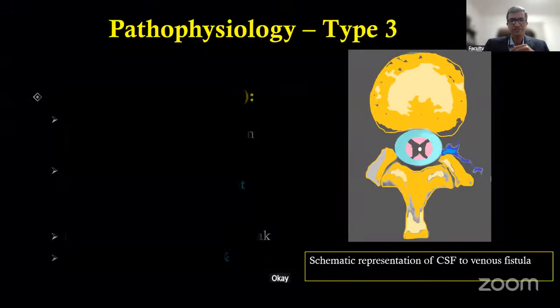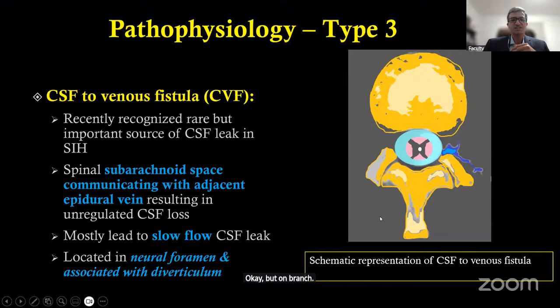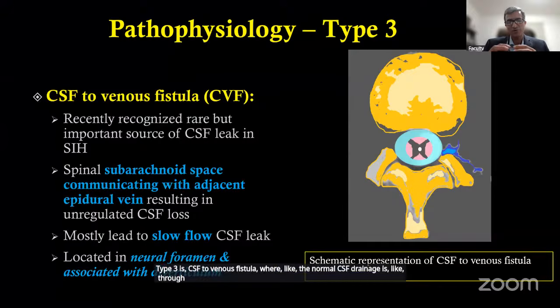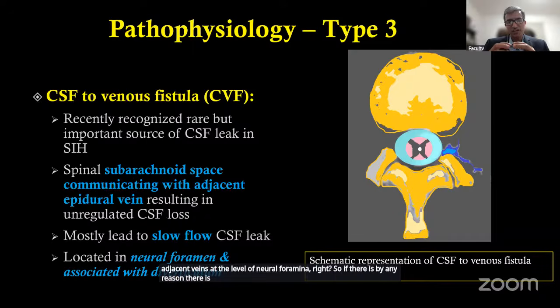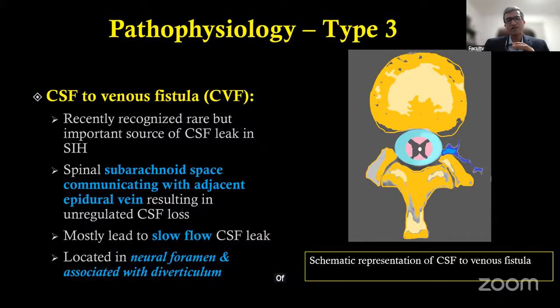Okay, bud on branch. Type 3 is CSF to venous fistula, where the normal CSF drainage is through the arachnoid granulations, which drain the CSF into the adjacent veins at the level of the neural foramina, right? So if for any reason there is a rupture of these arachnoid herniations, there is unhinged flow of the CSF into the veins that results in a CSF to venous fistula.